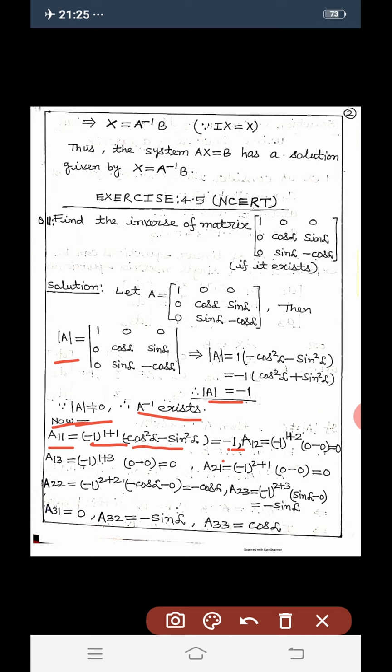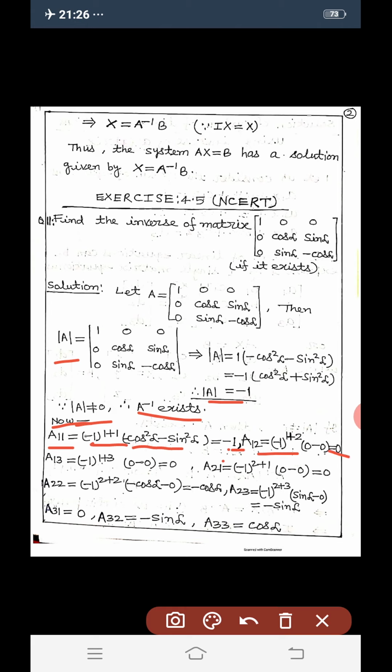A12 equal to minus 1 to the power 1 plus 2 into M12, and the value of M12 is 0 minus 0. So A12 equal to 0.